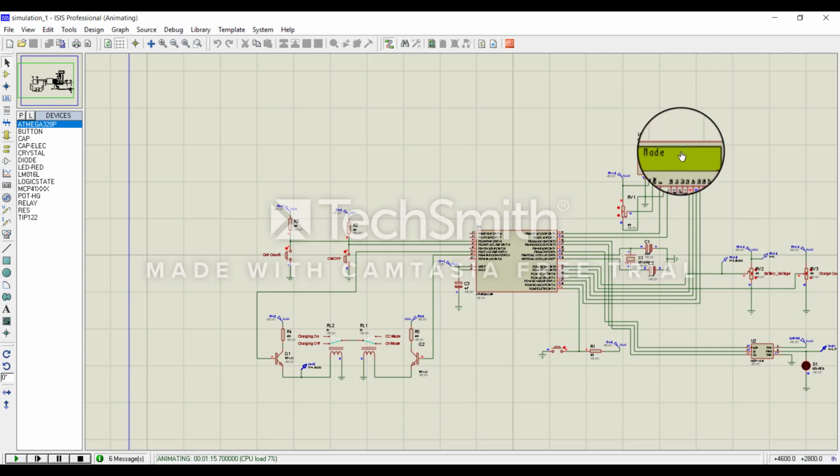Here Proteus has some limitations: it can't handle real-time simulation, so we have to reduce the speed of the simulation, and sometimes some buggy display text may appear on the LCD, but it's completely a limitation of Proteus.